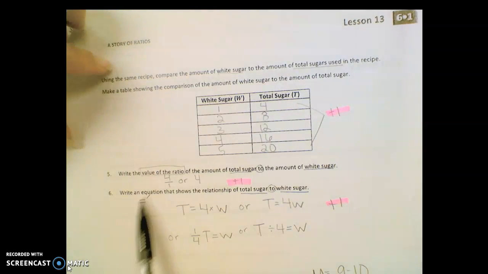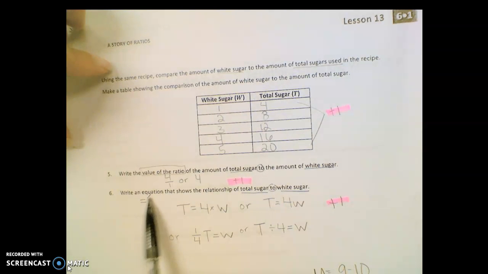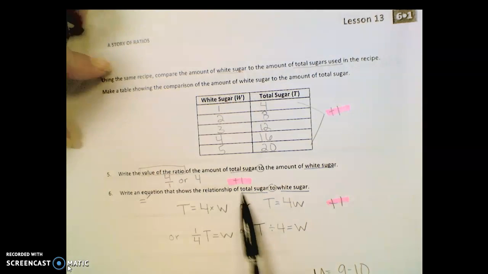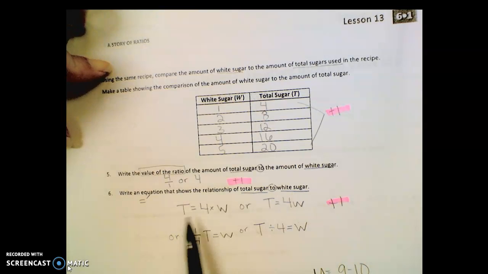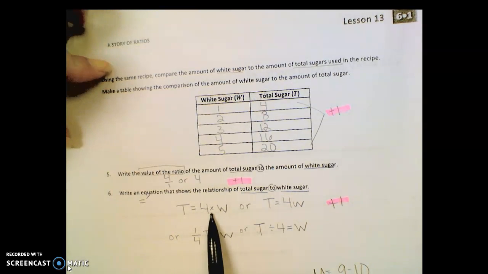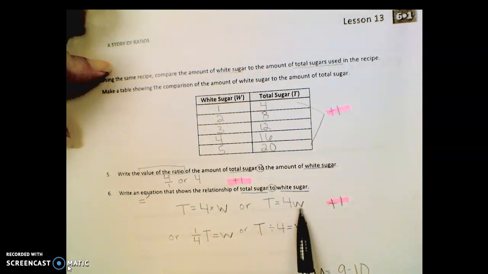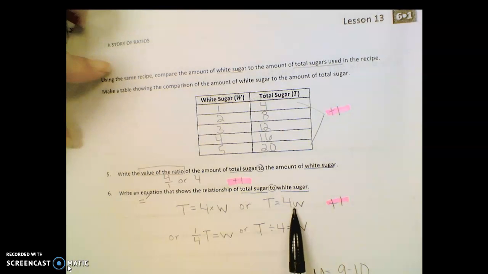And then it says write an equation. Anytime you see equation, you know you have to include an equal sign. And that's how can we show the total sugar compared to white sugar? Well, the total sugar is equal to 4 groups of the white. Or you could write it using juxtaposition, side by side. Total sugar equals 4 groups of the white.